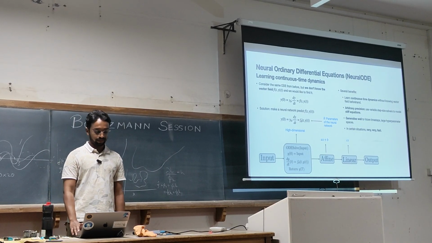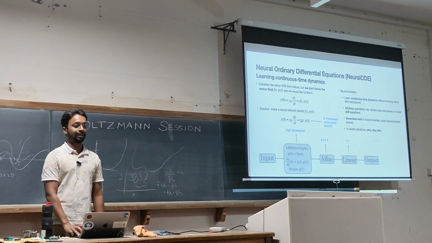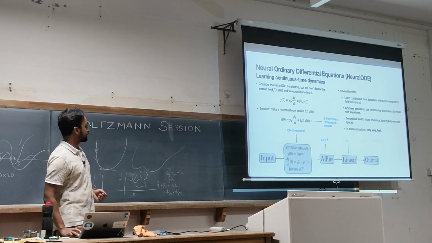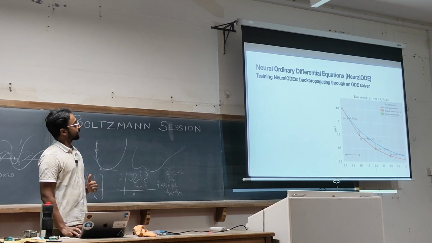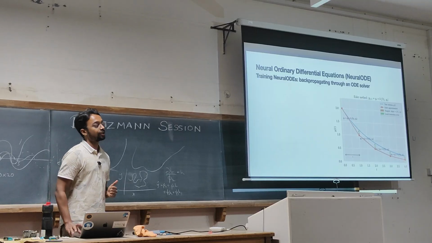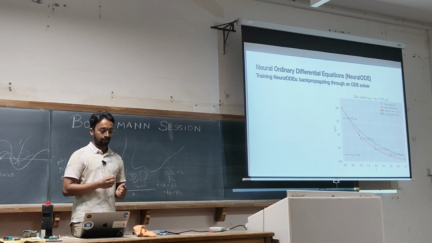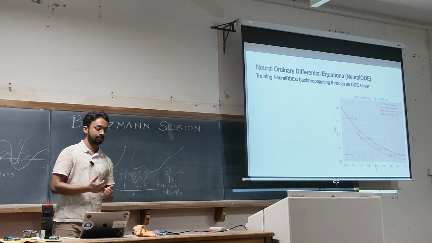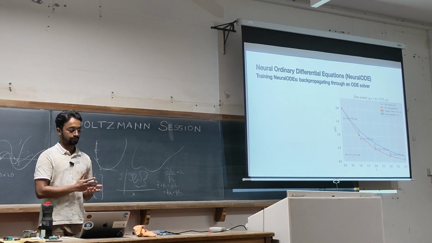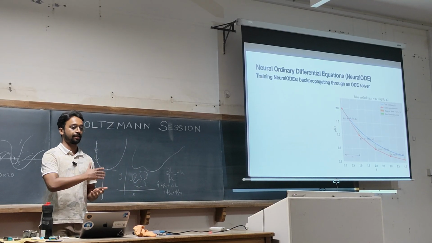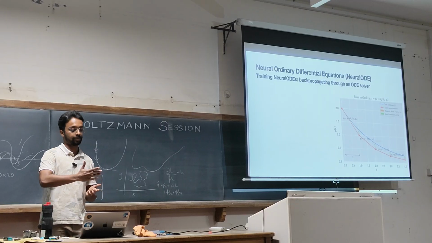And the way you train it is basically the same idea. You do gradient descent and you do backpropagation. But a small catch here is that you have an ODE solver in the neural network, and that ODE solver also has computations where there's one computation and then another computation based on that, so there are multiple computations.